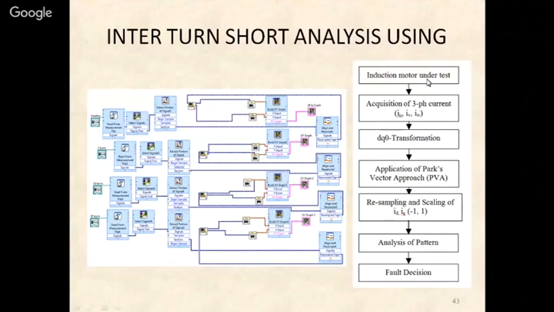We have acquired the three-phase current from the motor. Then we have done the DQ transformation, that is, we have converted the three-phase to a two-phase system. Then we have used the Park's vector analysis, and then we have done the analysis of the pattern of the Park's current vector.